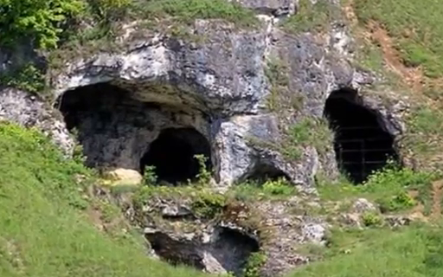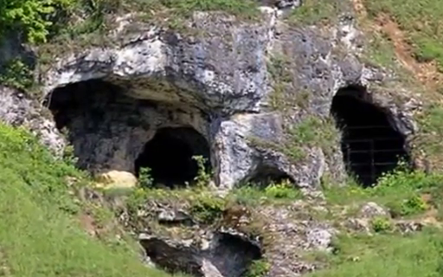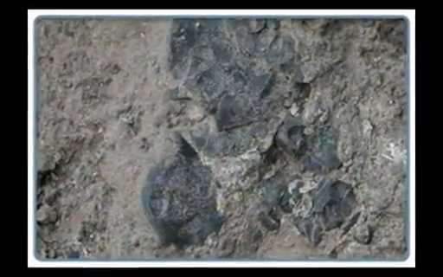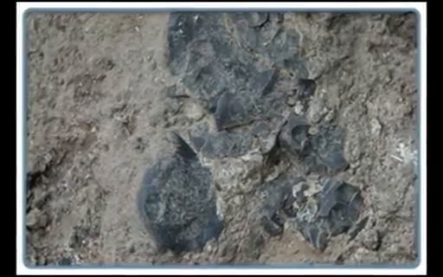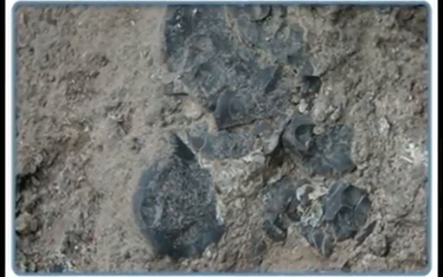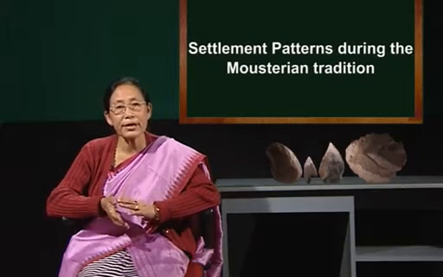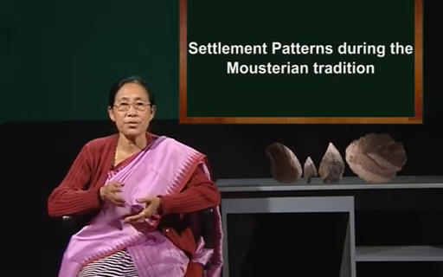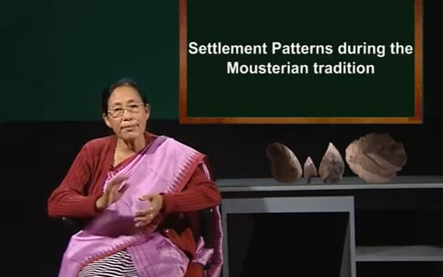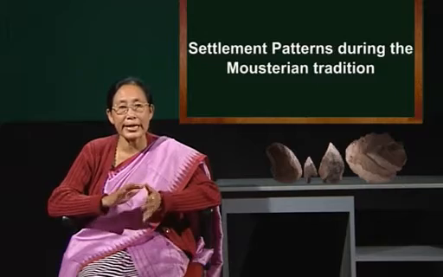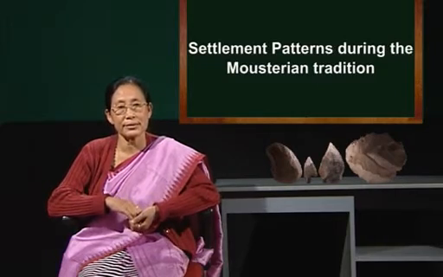Mousterian cave occupations preserve concentrations of ash and burned bone that are probably hearths. At a few sites, excavators have identified concentrations of stone and bone that may be the footings for tents and windbreaks.